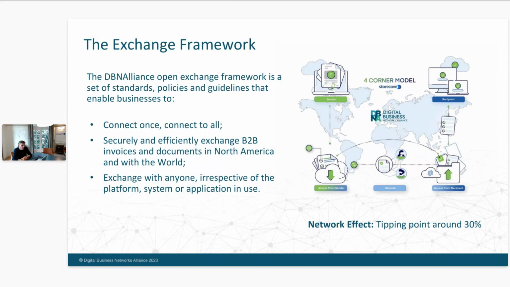And as a fact, the tipping point for a network is around 30%. So as soon as a network reaches more than 30% adoption, then the network starts growing faster and organically. So that's an important figure to reach.